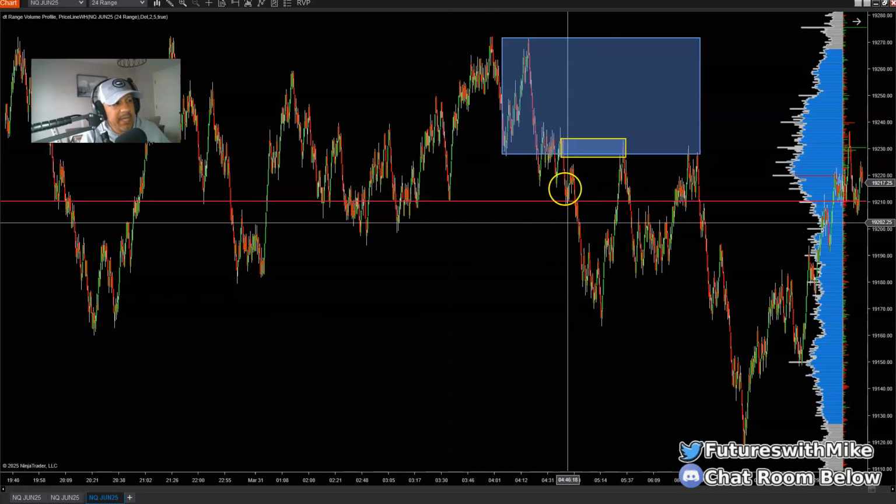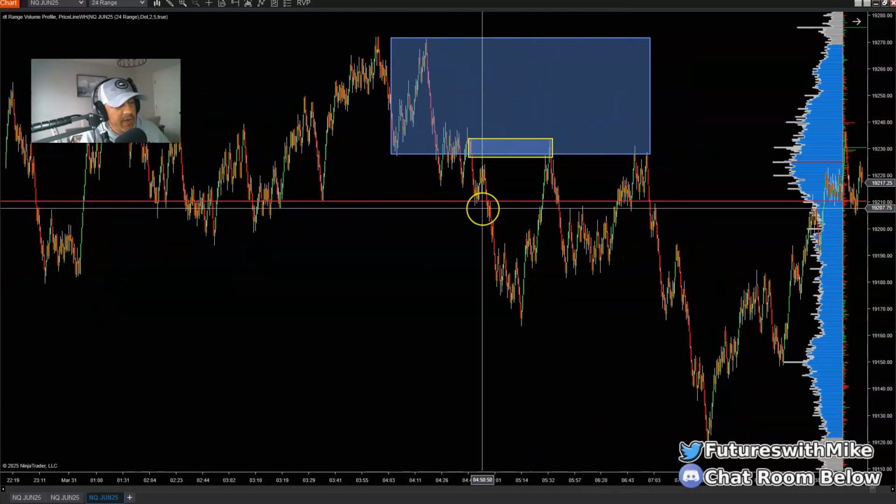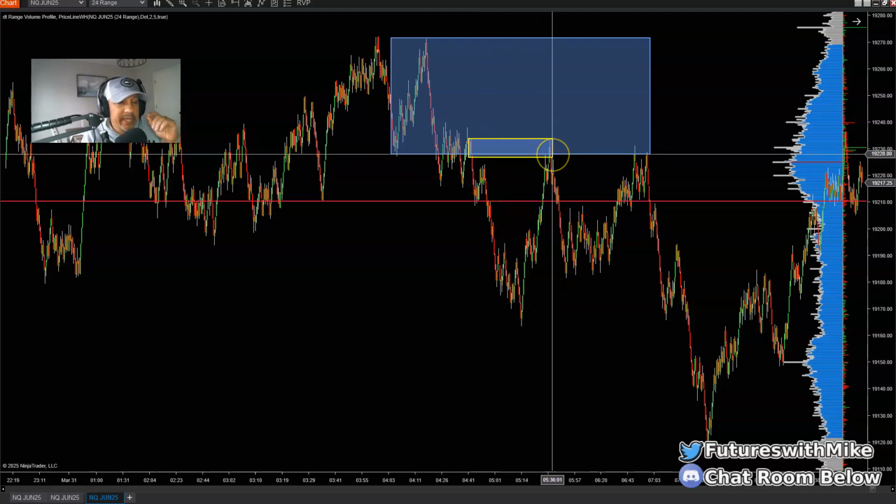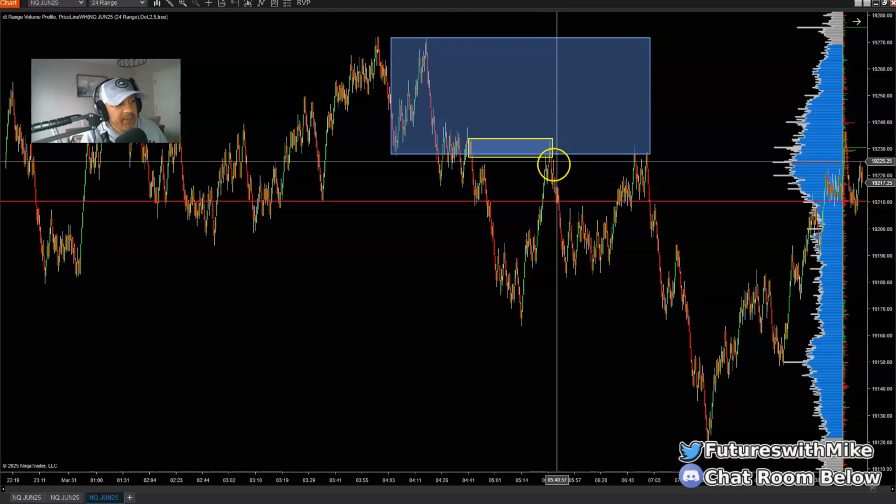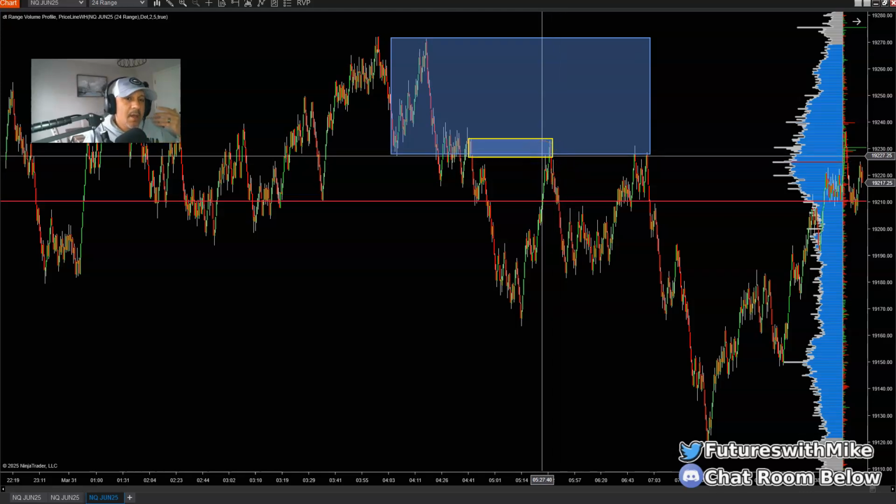So this is a supply area with aggressive selling on the 24 range. So now we have a 120 range supply zone and a 24 range supply zone, which we can take our trade from. This is what the strategy is based on: multi-chart confluence, finding confirmation where you have 2 zones to give you the confluence to look for an opportunity to go short, okay, in this case.